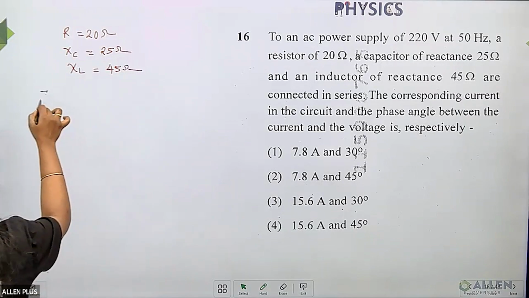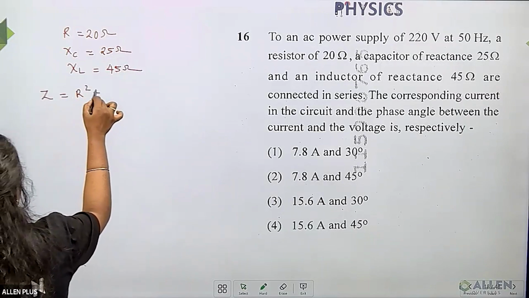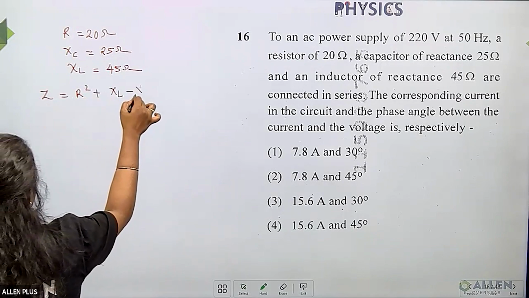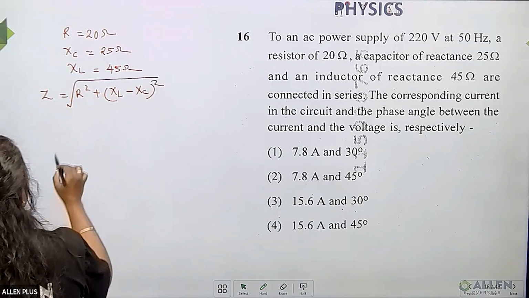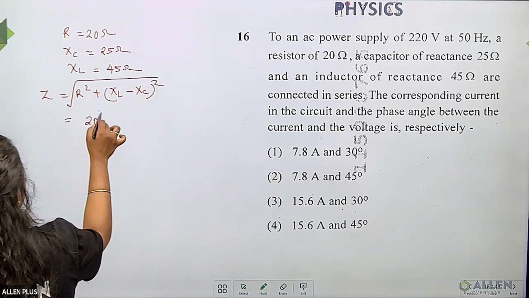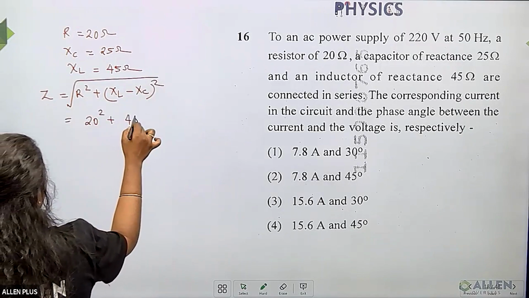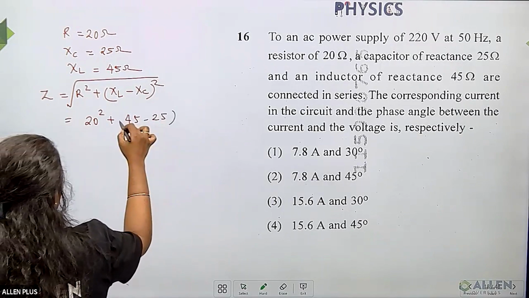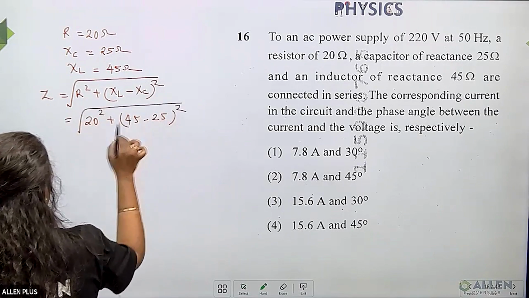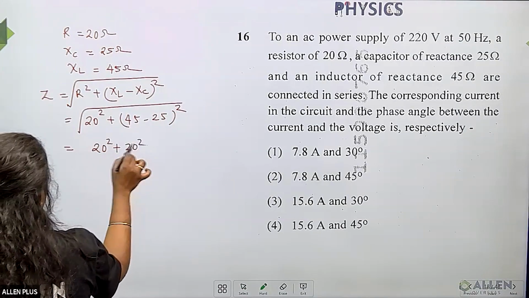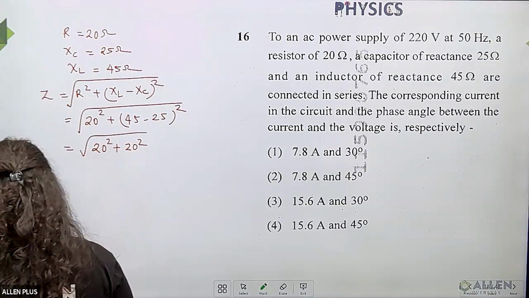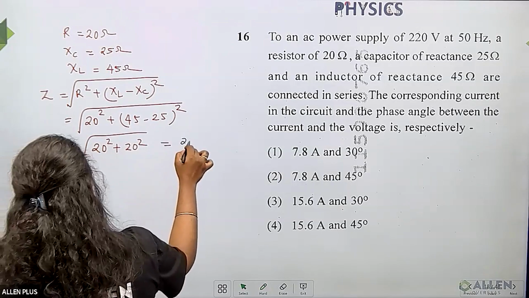The impedance value is square root of R square plus (XL minus XC) whole square. From here I get square root of 20 square plus (45 minus 25) whole square. We can get this as square root of 20 square plus 20 square. This is equal to 20 root 2.